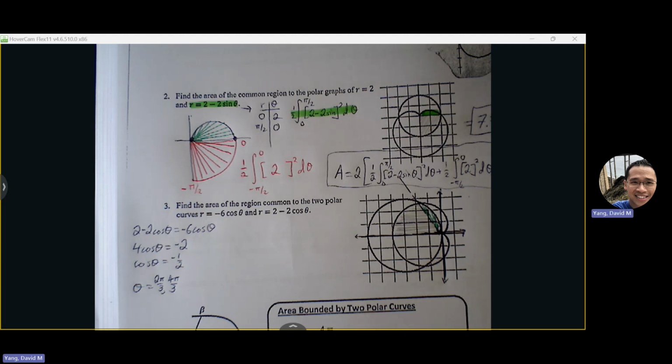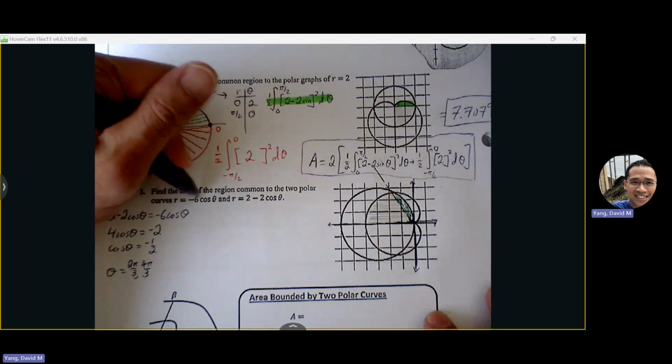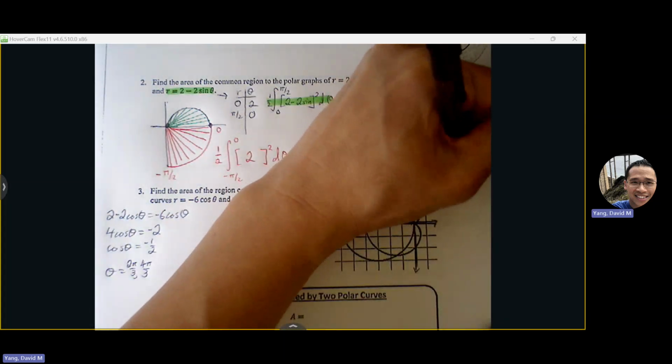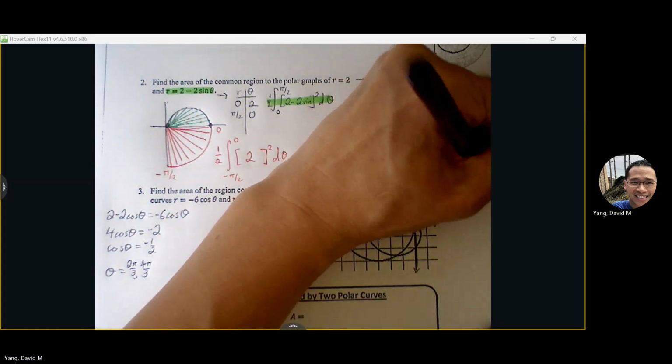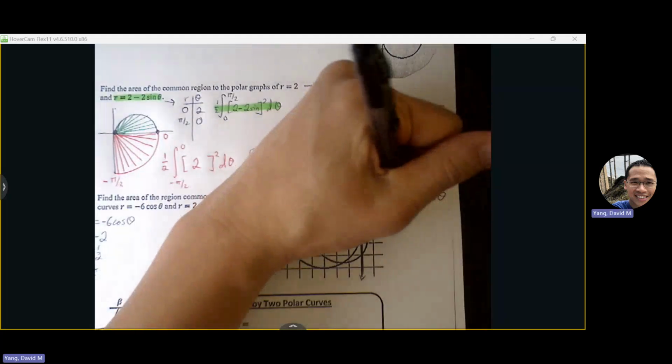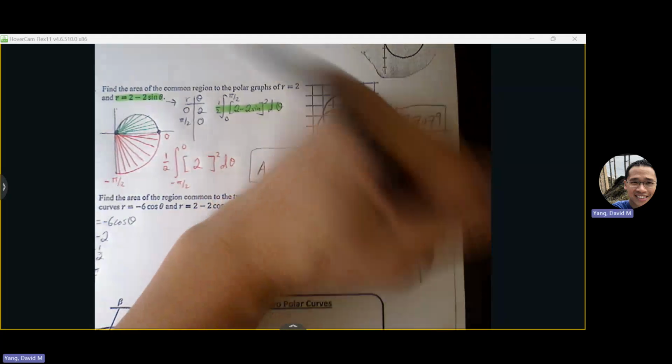No, not 0. If we think about -6 cosine theta, this is building out a little bit different here because of the negative. So just get some idea as to where this graph is beginning here.